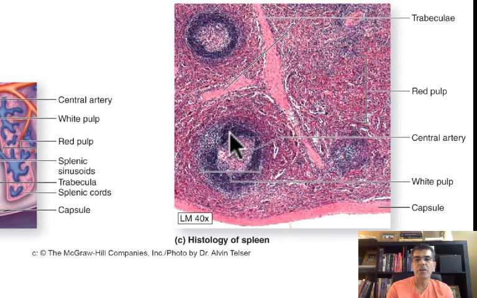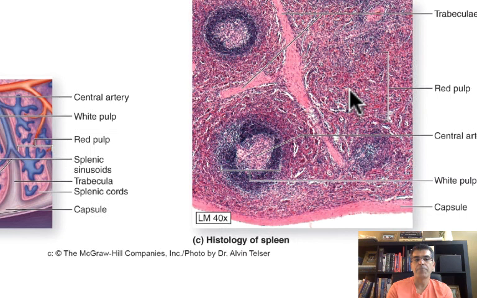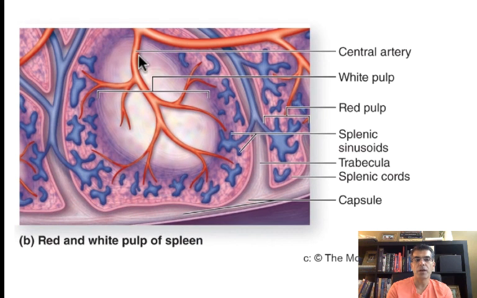In the center of the white pulp, you have an artery. It's called the central artery. Therefore, we say white pulp is associated with artery. Red pulp is associated with the vein. Let's take a look at this drawing. If this is your white pulp, this is the artery.